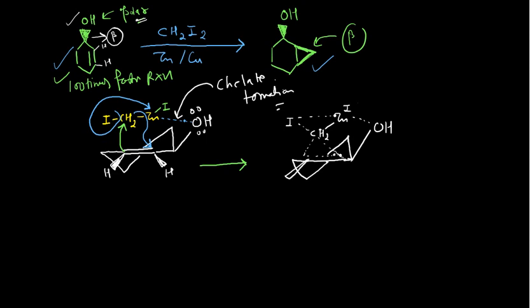And don't forget, 2 of the hydrogens are already here, okay. So I can brush it. So these are the hydrogens towards you actually. So in that case, for this chelation, the chelate formation which is happening here, it is very important that this OH group and this zinc system, that means your methylene zinc iodide, both must be on the same face of the double bond.